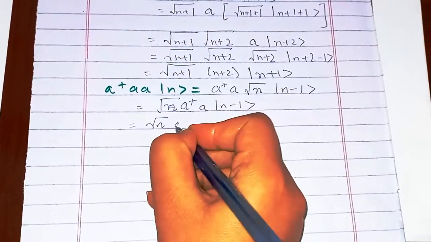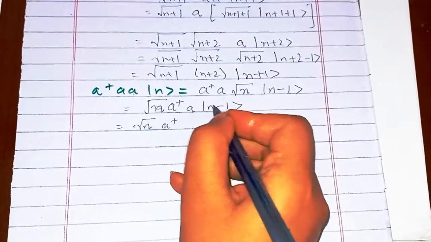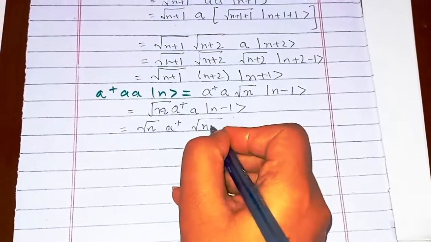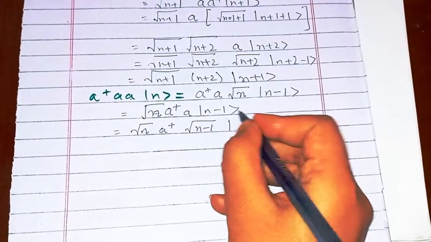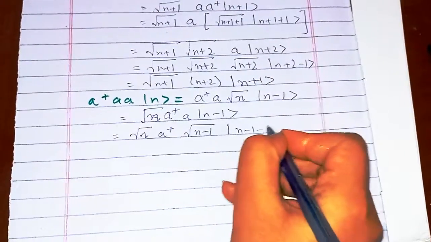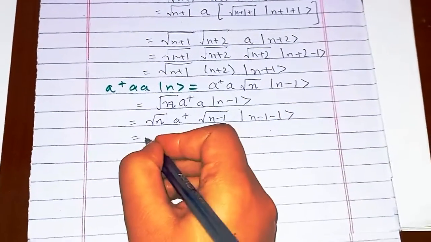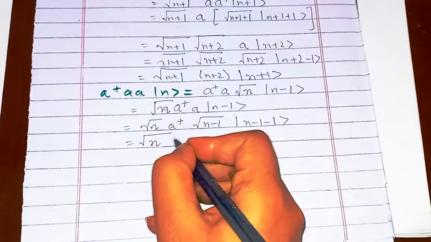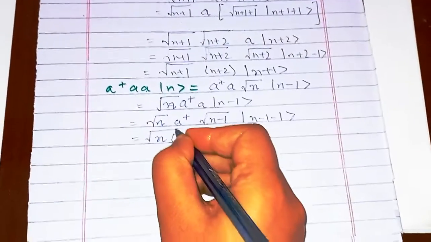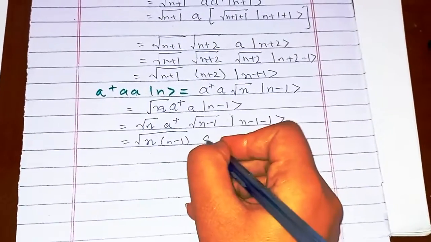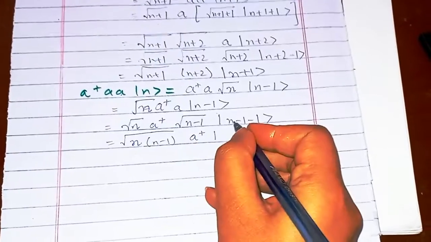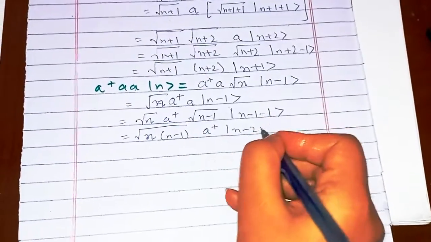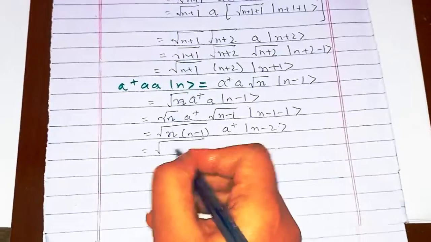Under root n, a lowering operator again applied on this ket, so it's under root of same quantum number, and quantum number reduced by 1, so it's n minus 1 minus 1, under root of n into n minus 1. You can write it under the same under root. Okay, so it's a plus now applied on n minus 2, so it's under root n into n minus 1.